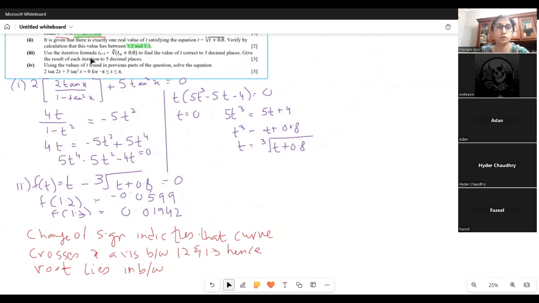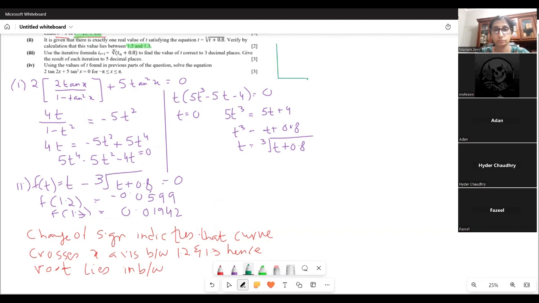Part 3 says use the iterative formula given to find the value of t correct to 3 decimal places, given that the result of each iteration is correct to 5 decimal places. So the first value of t would be 1.2.